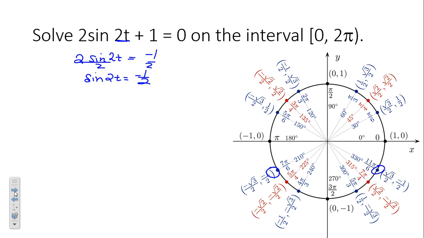So when we evaluate this, our 2t will be 7 pi over 6 and 11 pi over 6. But what do we have to do to get t by itself? Multiply by half or divide by 2, exactly. So t will be 7 pi over 12 or 11 pi over 12.